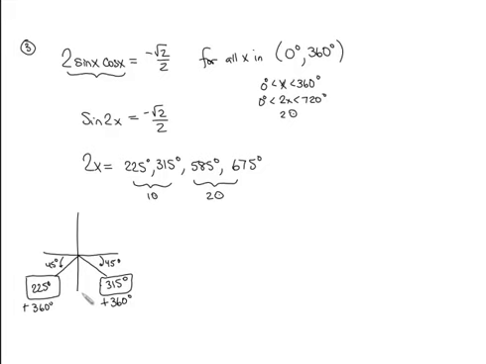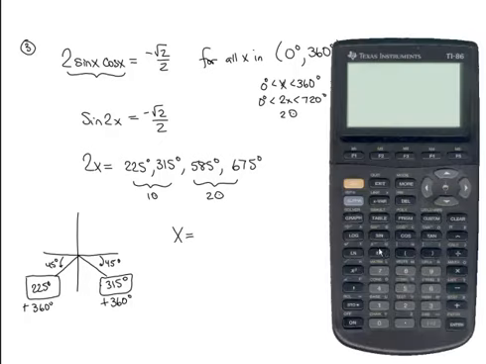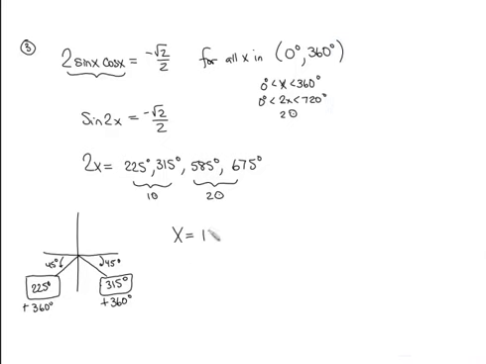Now I'm ready to solve for x. And to do that, I'm going to take 2x equals all of these, and I'm going to divide everything by 2. So I'm going to grab my calculator real quick. 225 divided by 2 gives us an answer of 112.5 degrees. That's the first angle.